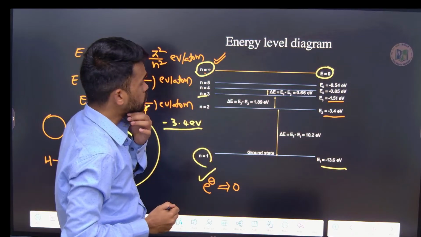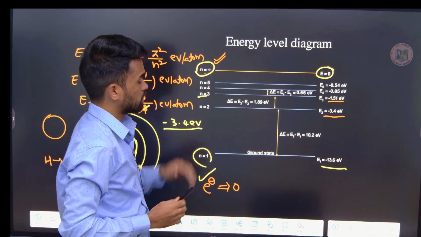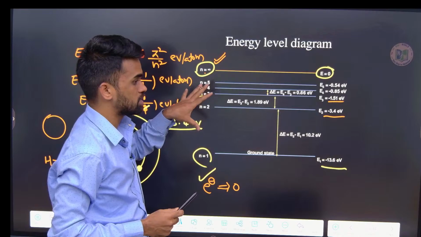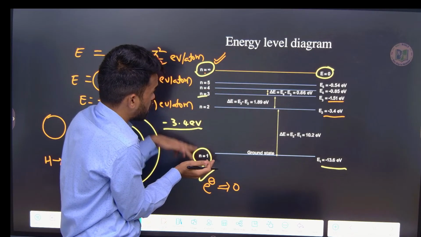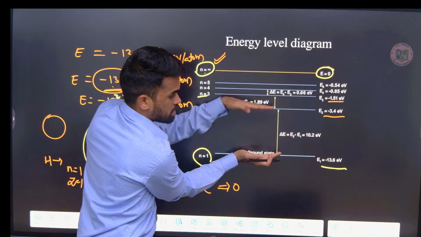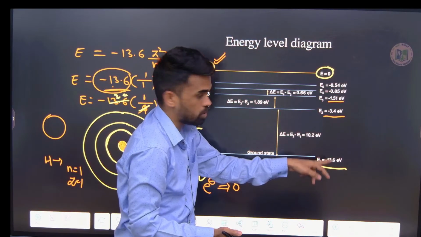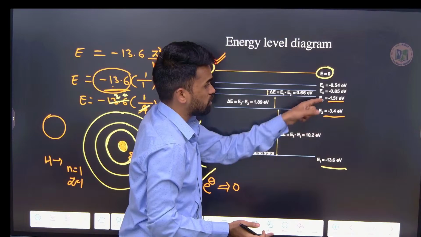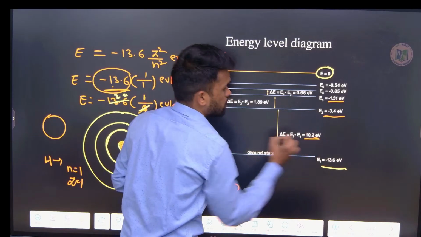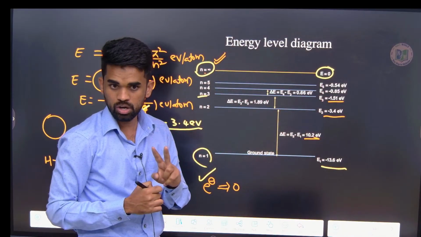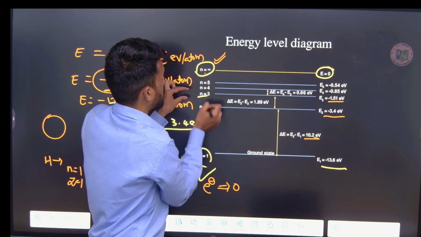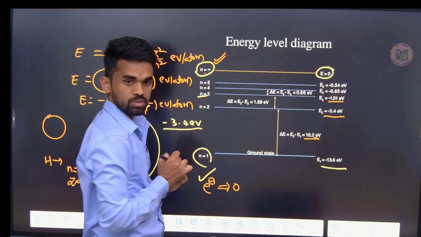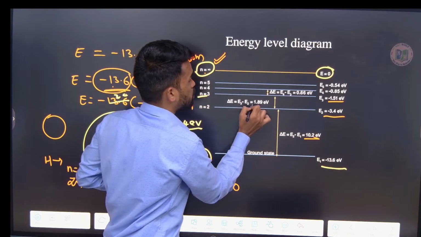Now just observe what you are seeing here. If I compare the energy difference between 1 and 2, how much is it? The first one is minus 13.6, the second one is minus 3.4, so the difference is 10.2 electron volt. But if I compare between 2 and 3, this is just 1.89.